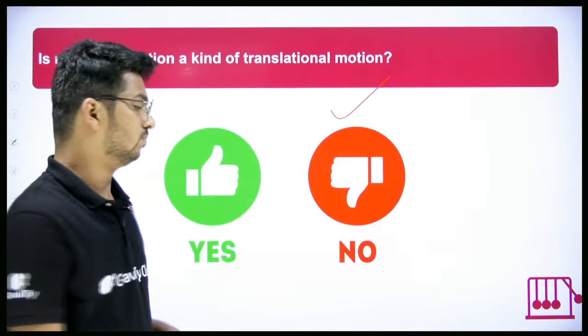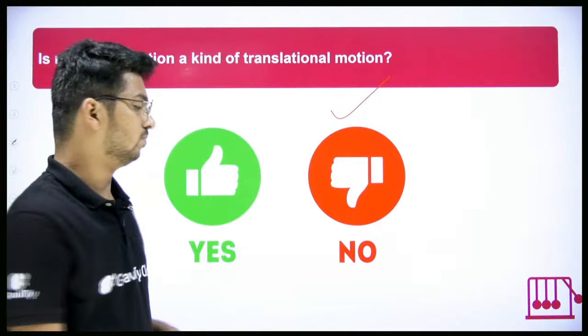The complete body will be moving. It is not a type of translational motion, but circular motion is a special type of curvilinear motion which is translatory.